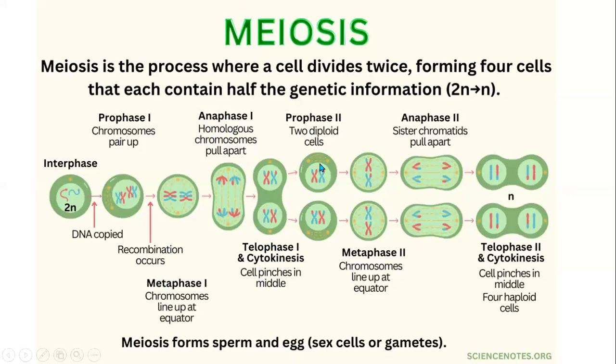So these 2 are in prophase 2. Then each one of them goes to metaphase 2, then anaphase 2, and we end with telophase 2 and cytokinesis.